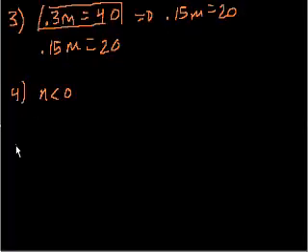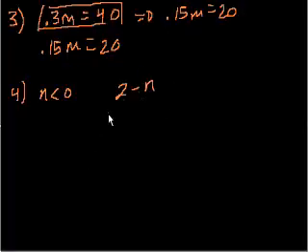A, n over 2, that's definitely going to be a negative number. B is definitely going to be a negative number. You're multiplying by a positive. C, you're just adding something to it, so it still could be negative, if n is like negative 10 or something, right? D, you're just subtracting from it, so you're just going to make it more negative. E, 2 minus n. This will definitely result in a positive number.